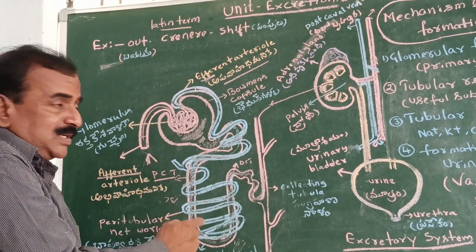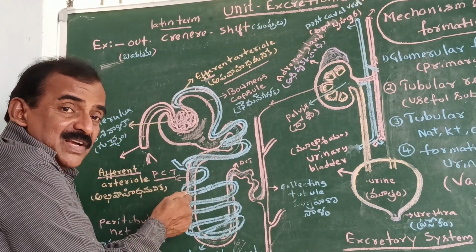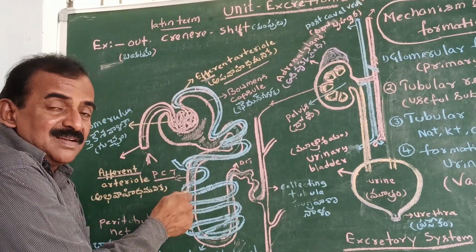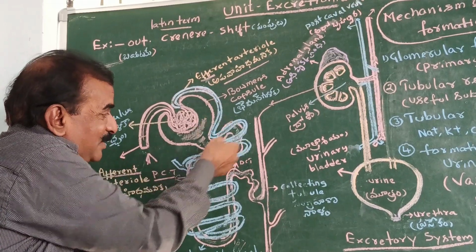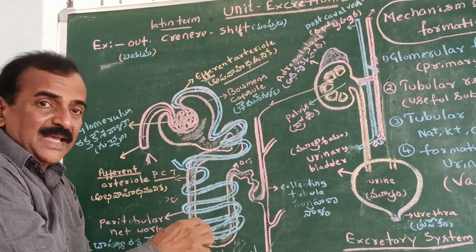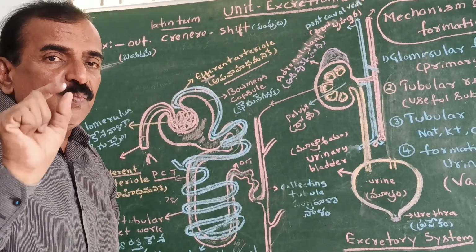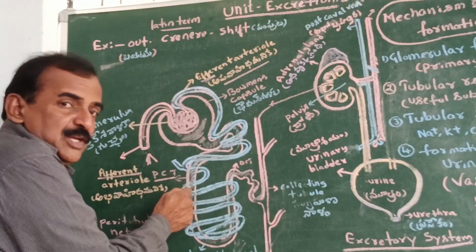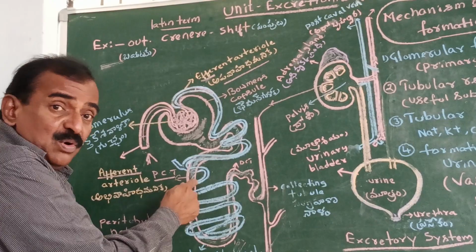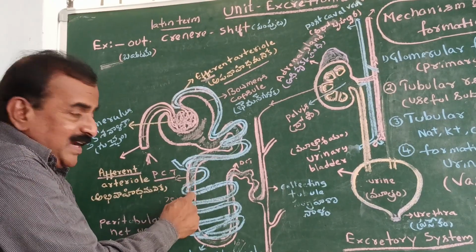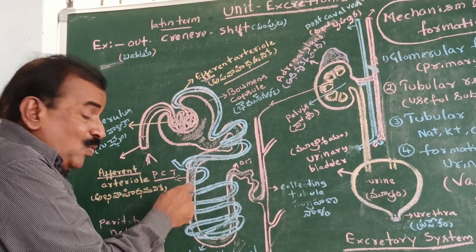So the peritubular network. Listen carefully. In many schools, the function of the peritubular network is not explained. The different arterioles form a network around the renal tubule, which is called the peritubular network. This peritubular network plays an important role in reabsorption of glucose, amino acids, fatty acids, useful substances present in the blood, and water.